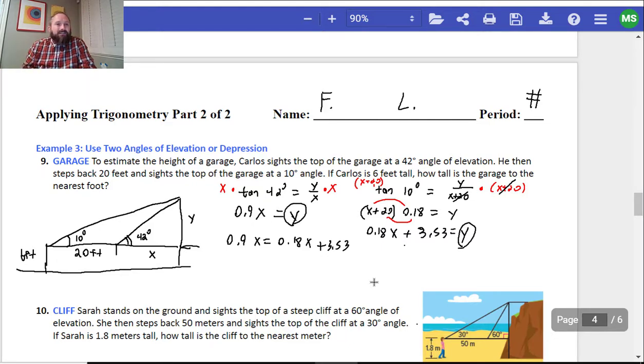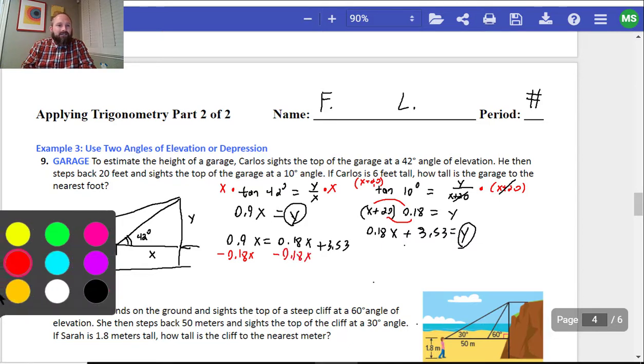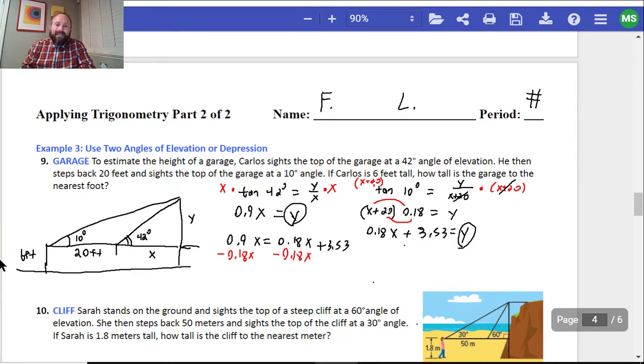Alright, now we just need to solve for x. So we're going to slowly but surely get x by itself. And so we get 0.72 x is equal to 3.53. Divide by 0.72 on both sides.